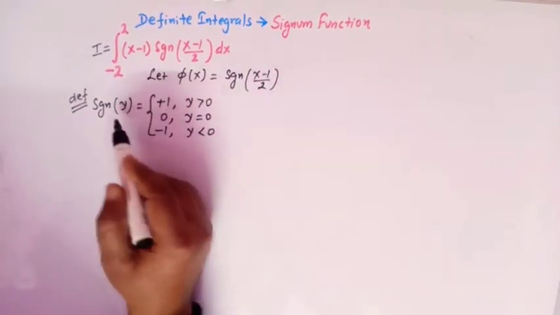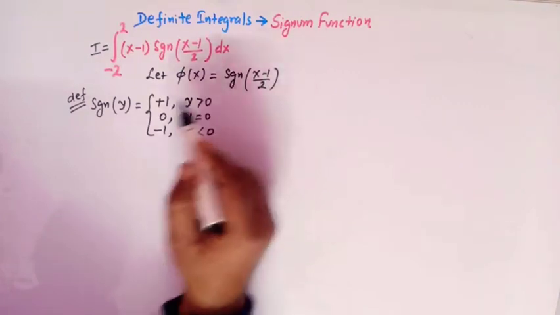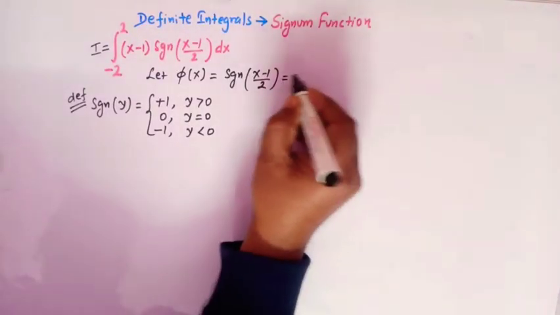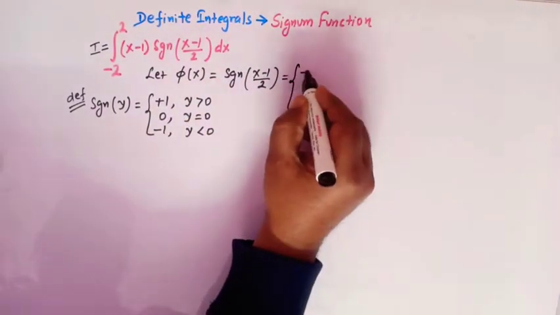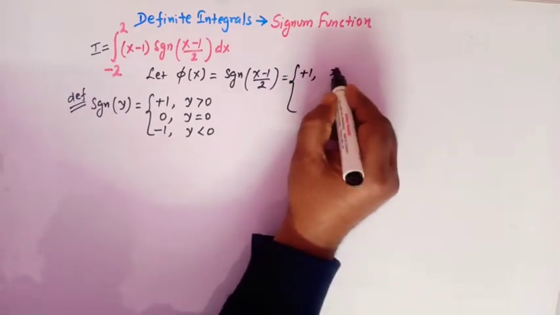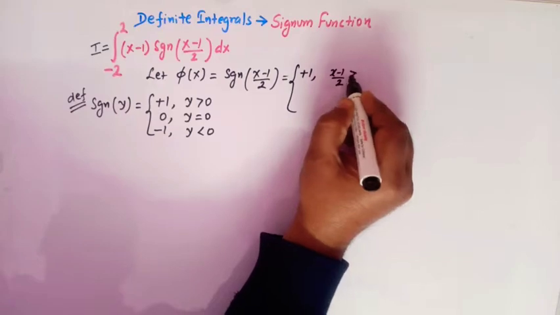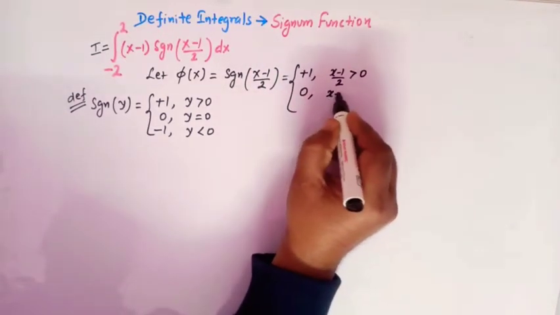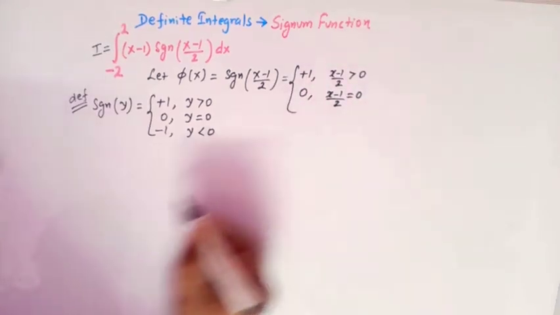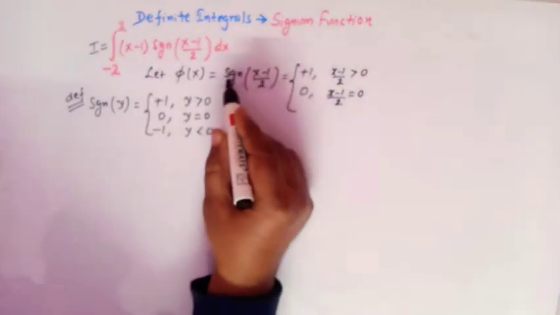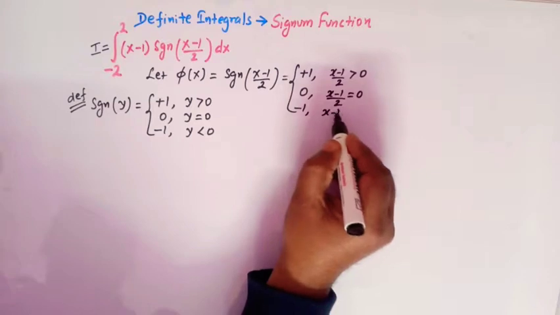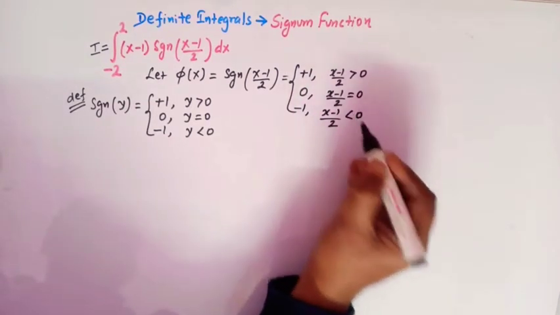If we replace this x minus 1 over 2 by y, we get phi of x is equal to plus 1 when x minus 1 over 2 is greater than 0, equal to 0 when x minus 1 over 2 is equal to 0, and equal to minus 1 when x minus 1 over 2 is less than 0.